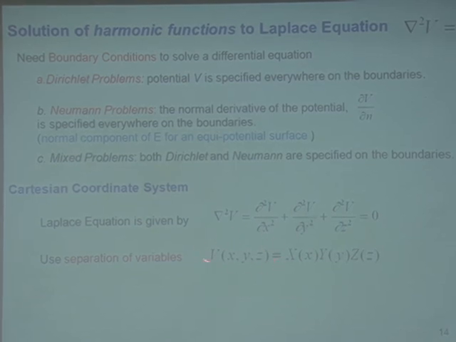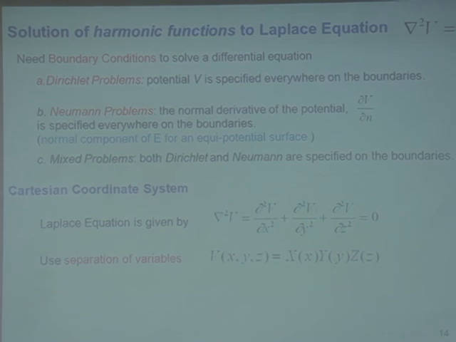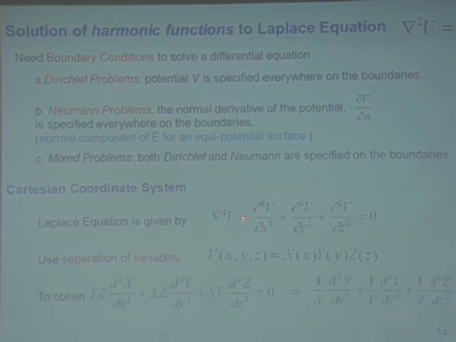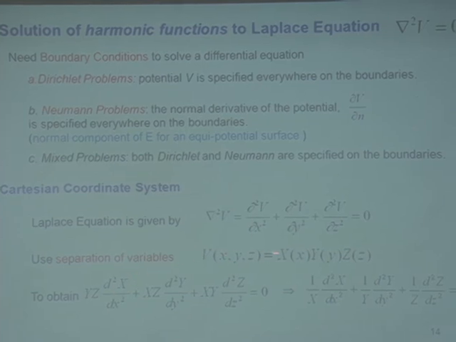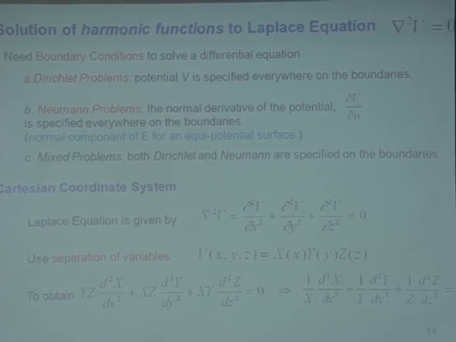Suppose that the solution looks like this, and put this into this expression. 把它放进这个 Laplace equation 里头来，然后整理之后呢，你会得到这么一个式子。Okay, because this is a partial derivative, the first term is basically just the differentiation of capital X with respect to little x.